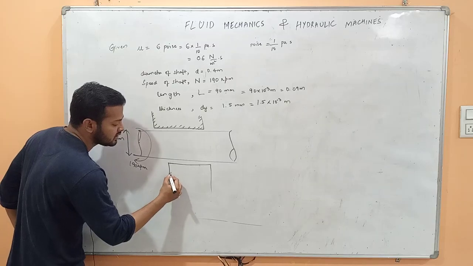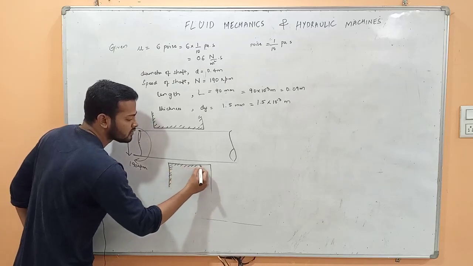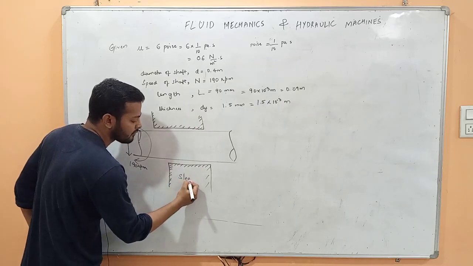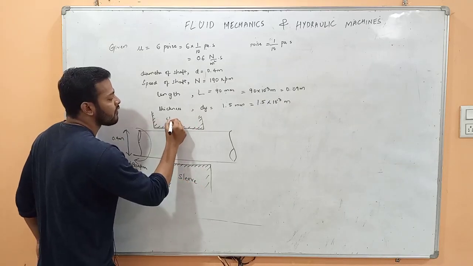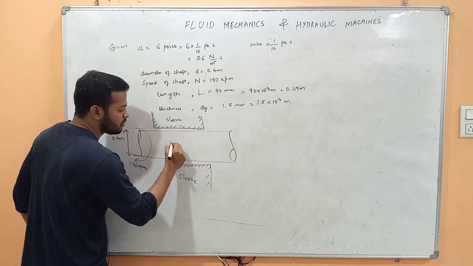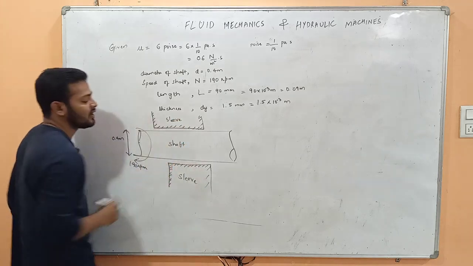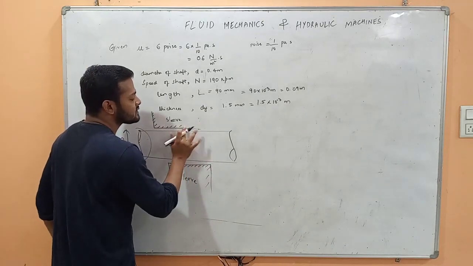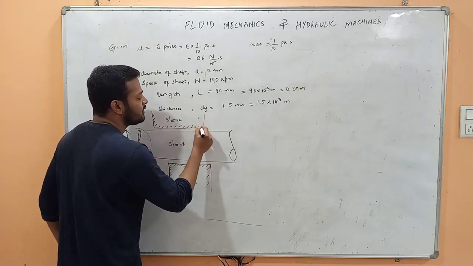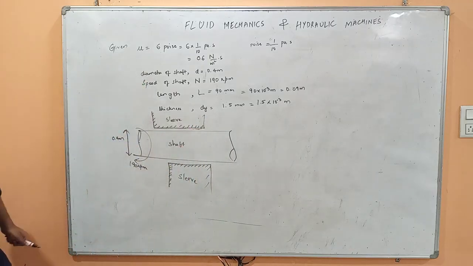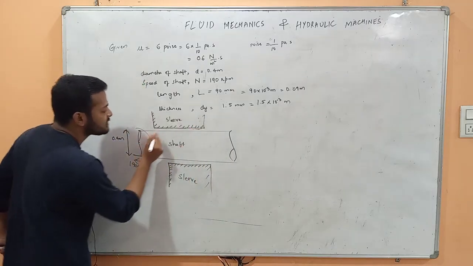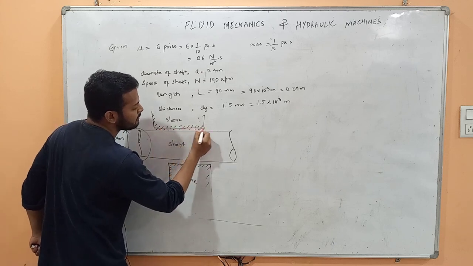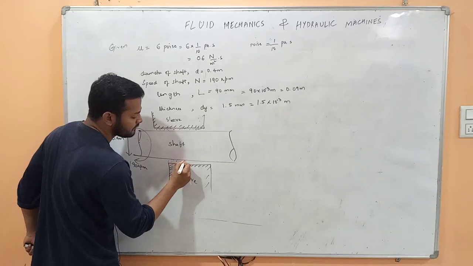So we will assume this to be the sleeve which is providing support to this shaft. There is oil between the shaft and sleeve, it is filled with oil. Why are we filling it with oil? Because we have to reduce friction.